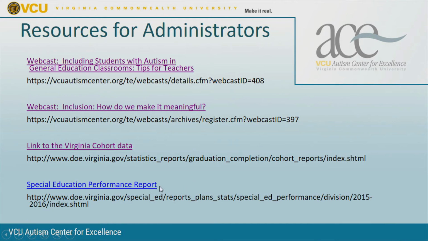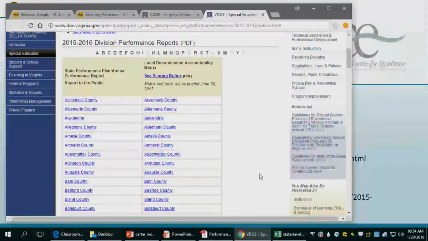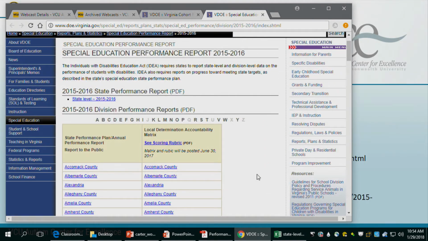Absolutely. Okay, and so many of you may already be familiar with this, but this is the Special Education Performance Report. So the federal government actually has guidelines and criteria, and certain things that they expect states to take data on and measure progress on. The states can determine how they're going to collect data on that and monitor progress.